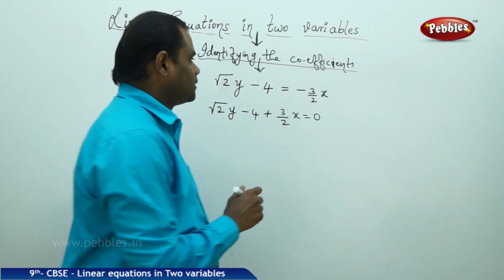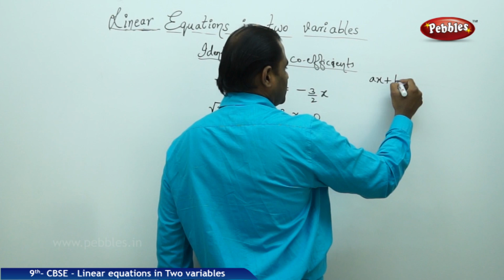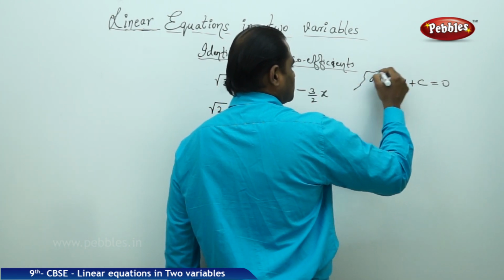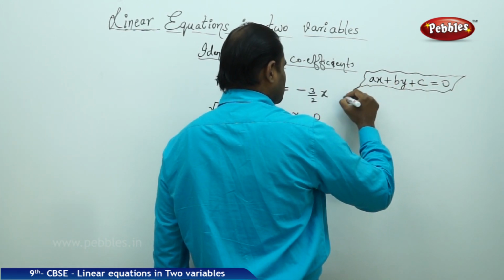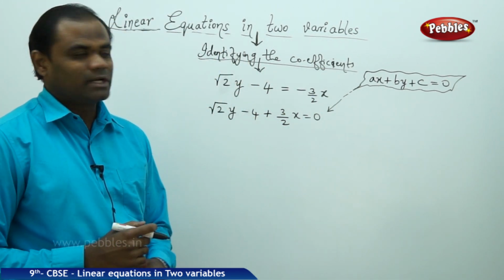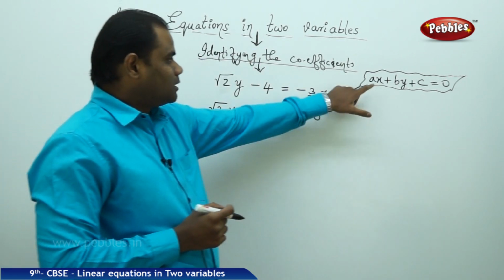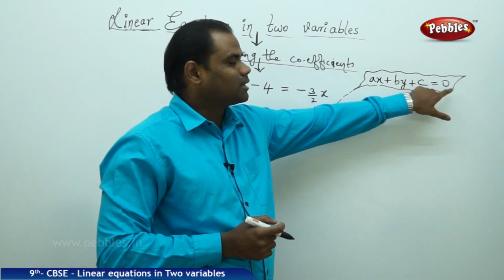Now keeping in mind the general linear equation being ax plus by plus c equal to 0, I try to express the given problem in the ax plus by plus c form. Initially I need to have the x term, the y term and the constant, and then the 0.